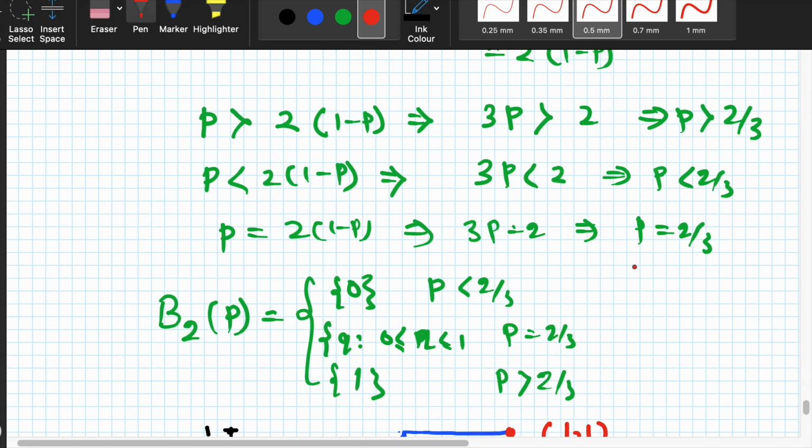You will find that p equal to 2/3, and p equal to 2/3 and q equal to 1/3 is the Nash equilibrium. So that's how in general one can calculate the Nash equilibrium: by equating the expected utilities and solving the equality equations, the probabilities you get will give you the Nash equilibrium.